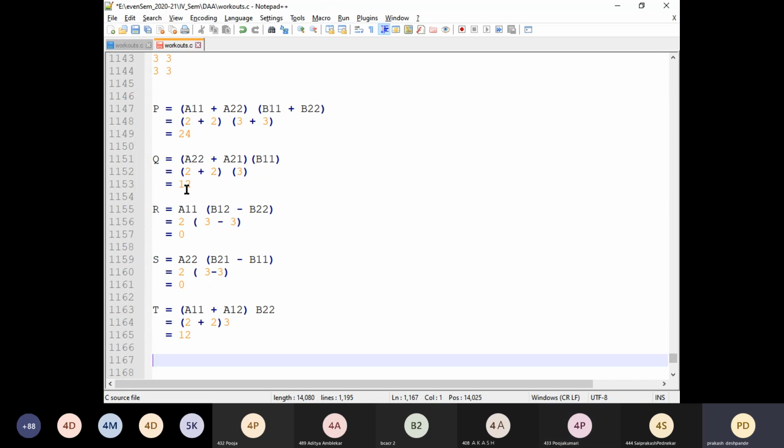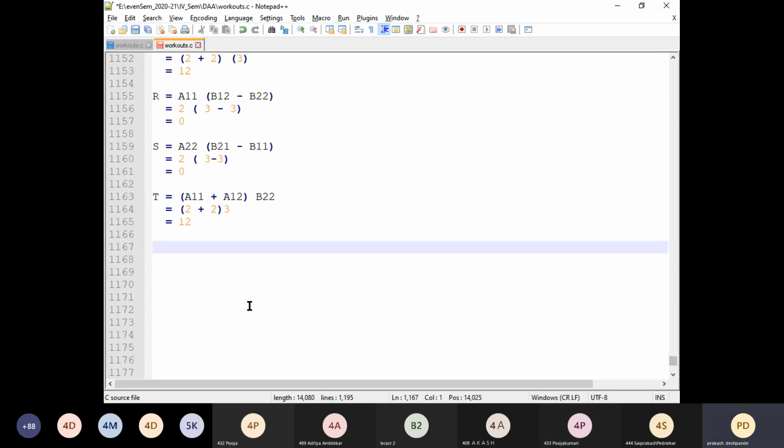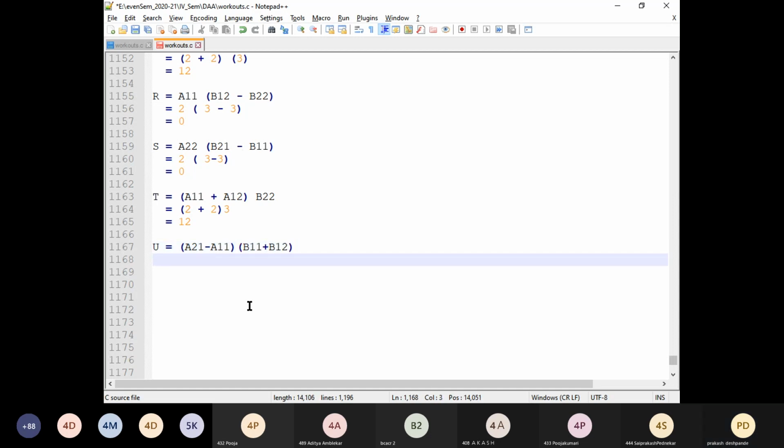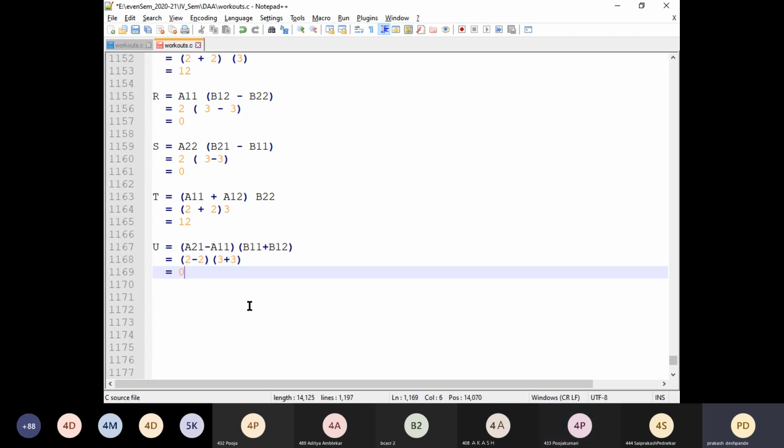Then the next formula, U is equal to A21 minus A11 multiplied by B11 plus B12. How much do we get? This is 2 minus 2 multiplied by 3 plus 3, which will turn out to be 0. Isn't it? Yes, sir.